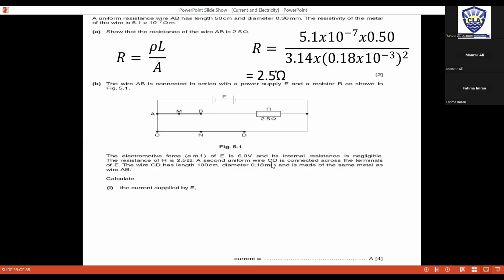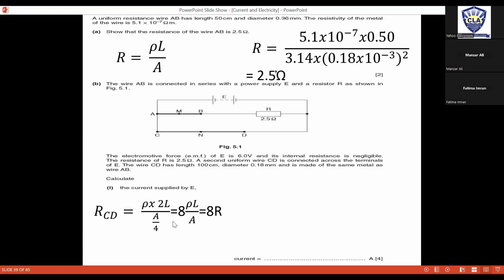CD के बारे में बताया गया है कि a uniform wire CD is connected across the terminals. It has a length of 100 सेंटीमीटर. पहले की लेंथ 50 थी, इसकी लेंथ डबल हो गई है। पहले का डायमीटर 0.36 था, इसका डायमीटर हाफ हो गया। तो पहली बात तो हमें CD की रेजिस्टेंस निकालनी पड़ेगी। लेंथ इज डबल्ड और डायमीटर अगर आप हाफ कर देते हैं तो एरिया इज रिड्यूस्ड टू 1/4.